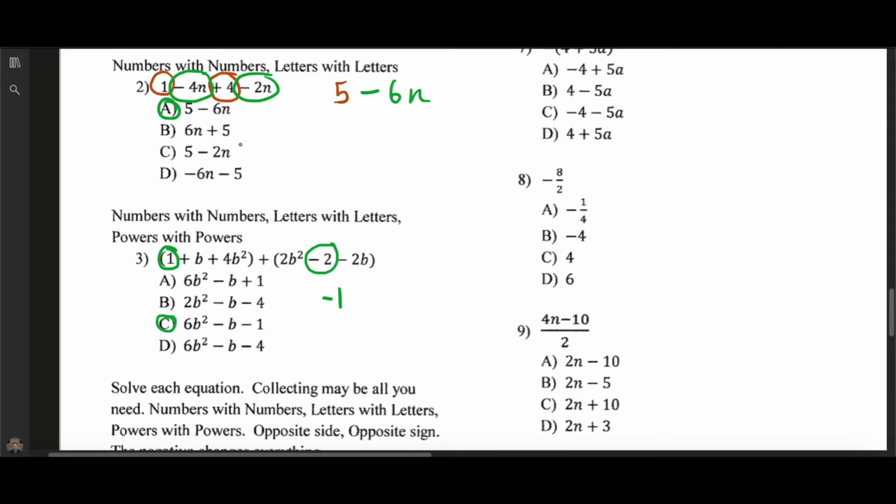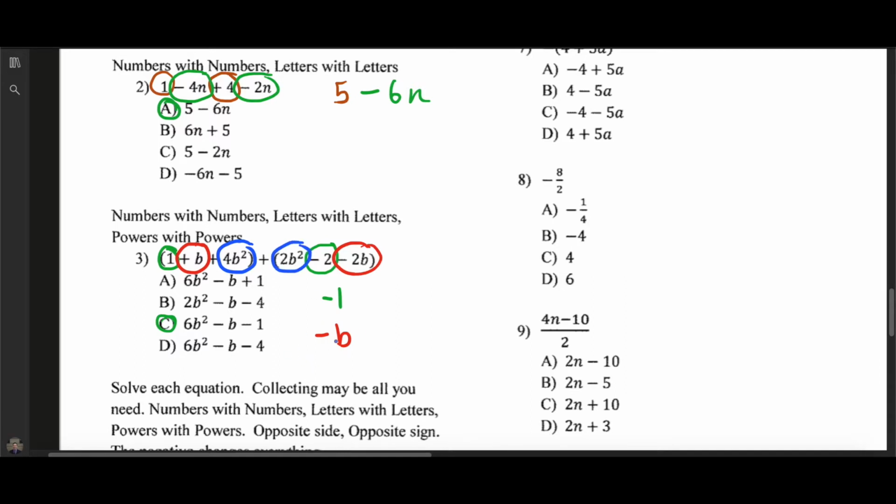But this isn't a timed test. Well, you have a lot of time for it. So let's go ahead and make sure that that's the actual answer by combining the rest of the like terms. We have a positive b and a negative 2b. So that's going to be a negative 1b. And then we also have 4b squared and 2b squared.